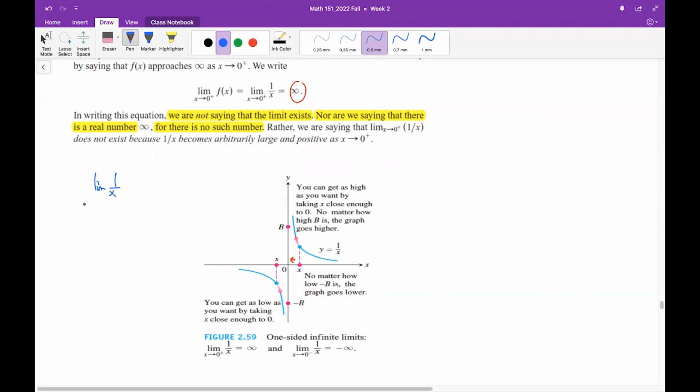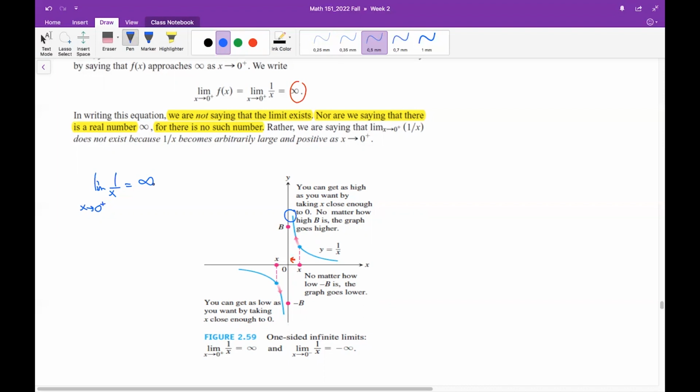Let's investigate this again. The limit of 1 over x as x goes to 0 from the right: you see your function grows increasingly large. The values diverge to big numbers, and this behavior is denoted by plus infinity. Be careful, it is not a real number.